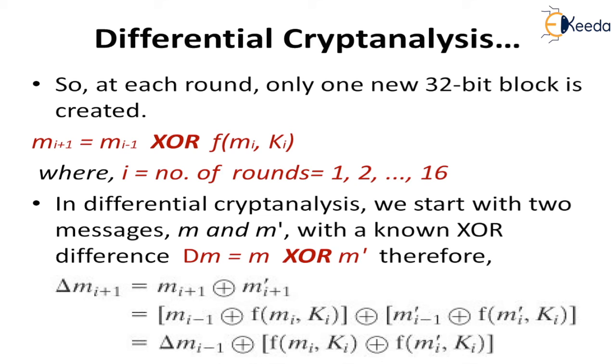So it can be written as M(i-1) XOR F of (M(i), K(i)) XOR M dash(i-1) XOR F of (M dash(i), K(i)). Resultantly, we can say ΔM(i-1) XOR F of (M(i), K(i)) XOR F of (M dash(i), K(i)).